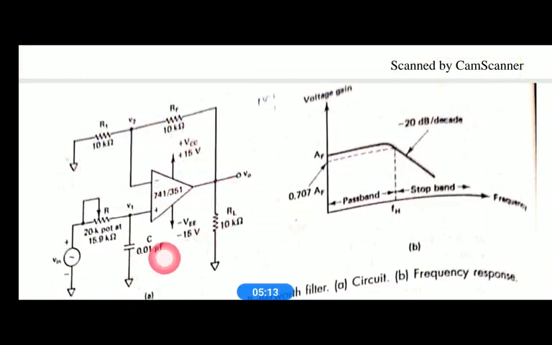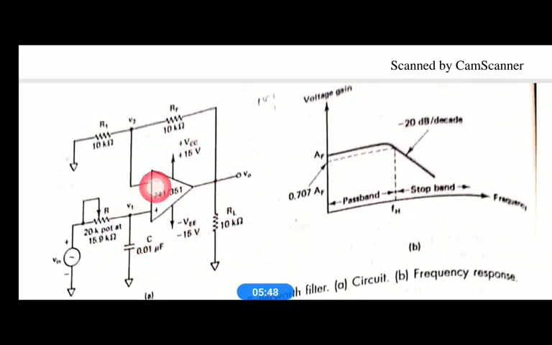Then C is 0.01 microfarad, which we selected, and we calculated R for FH equal to 1 kilohertz, and we get 15.9 kilo as the value of R. We use a potentiometer of 20 kilo here and adjust this resistor to 15.9 kilo. And here RF and R1 both are 10 kilo.